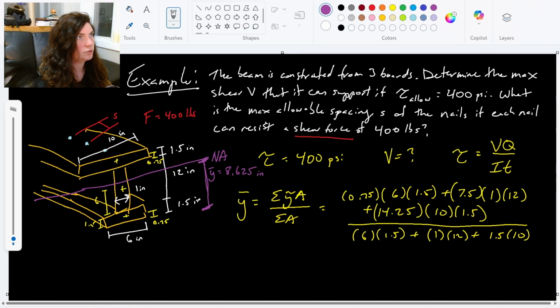From the bottom to the neutral axis is 8.625 inches. Or if you want to relate it to the top, we can get this relationship too. It is 6 point, I thought I had it written down somewhere. 6. Maybe I don't.